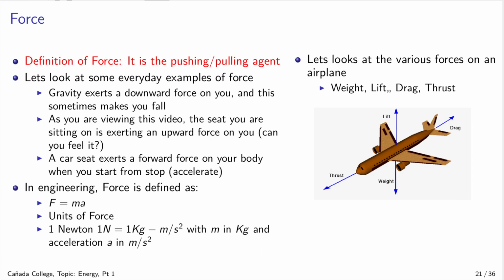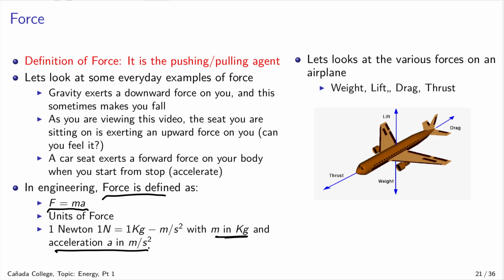Now in terms of engineering, in the case of the plane, if you're thinking about simple linear motion of the plane, the force on the plane is given by F equals m times a. M here is the mass of the plane in kg, and a is a quantity known as acceleration, measured in units of meters per second squared.